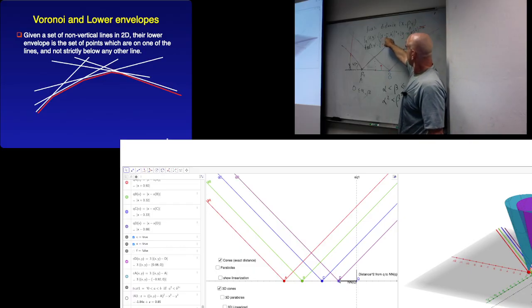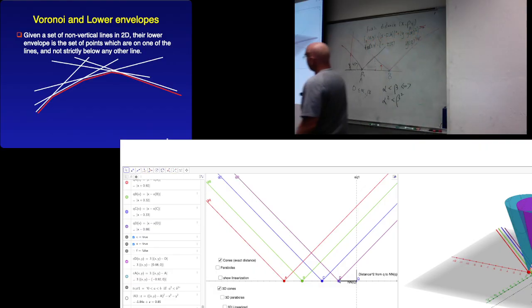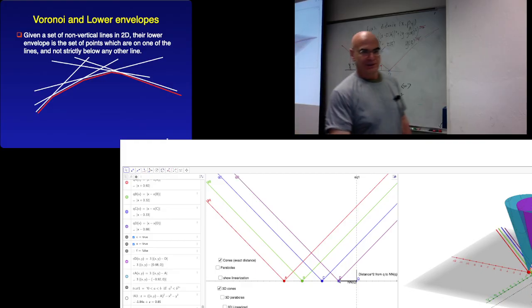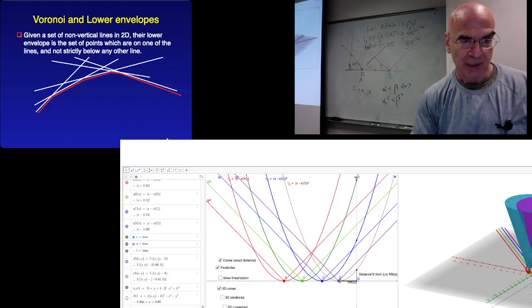So I'm left with x minus xa squared plus y minus ya squared. And the whole thing is replaced by, now it's not the distance, but the distance squared. So now I have, instead of cones, parabolas.